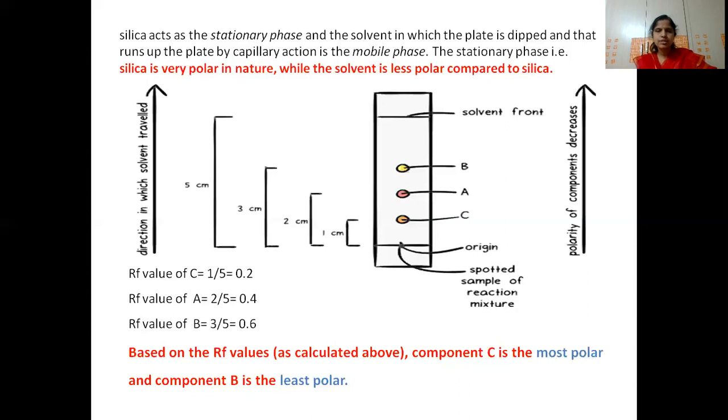So it all depends, the separation between the components depends upon the solvent we are selecting. So these solvents we have to select by trial and error method, and then we have to go for the column chromatography if we want to do the separation on a larger scale. So this is for a small scale where we can take a less amount of the sample and then run the TLC.